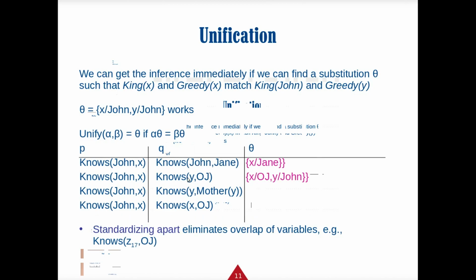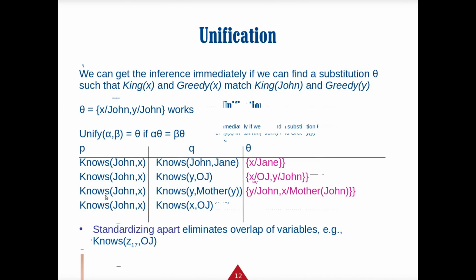And then we know that Knows(John, x) and Knows(y, OJ). So we have this proposition Knows(John, x), Knows(y, OJ). So x is OJ, and John is possibly x, OJ is possibly x, and y is possibly John. And so we have this instance of the knowledge base.